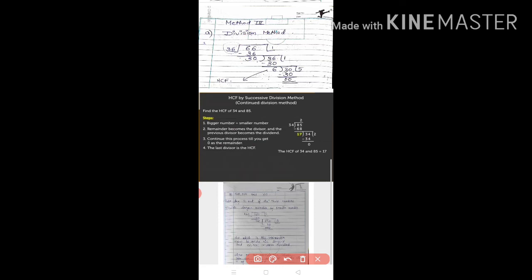And then the same process: divide 30 and 36. So long division method, 30 ones are 30. Because 30 multiplied by 2 is 60, that is bigger than 36. Then 36 minus 30, you will get 6. Here you can put 0 if you want.